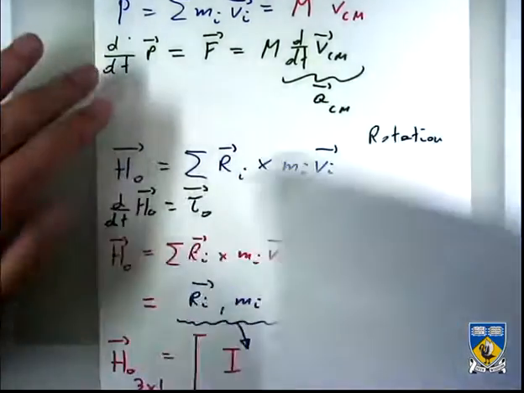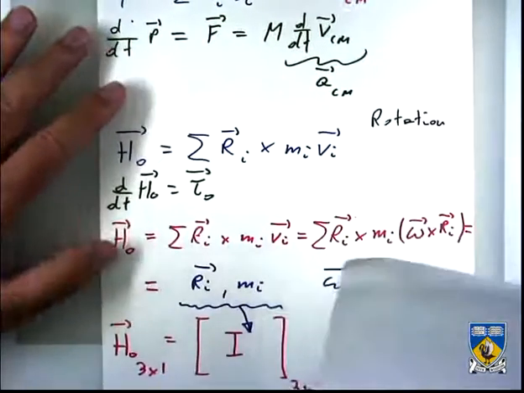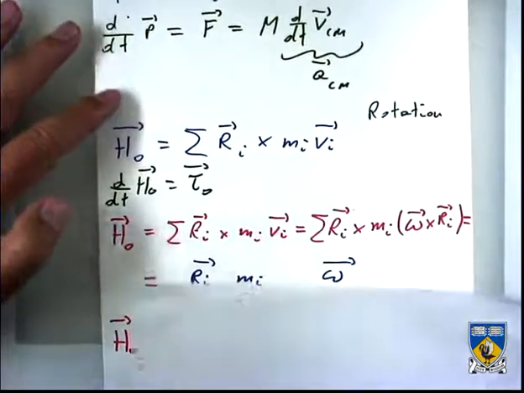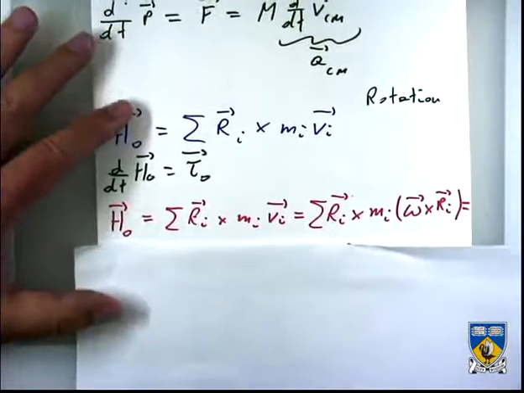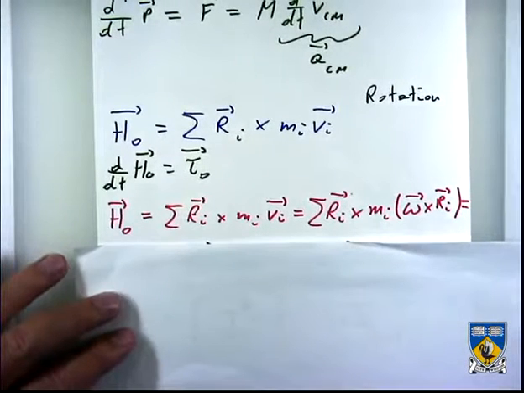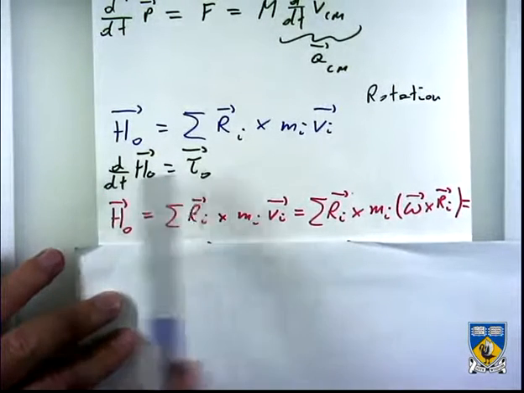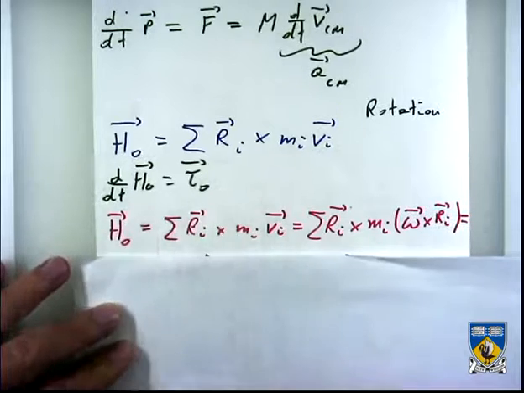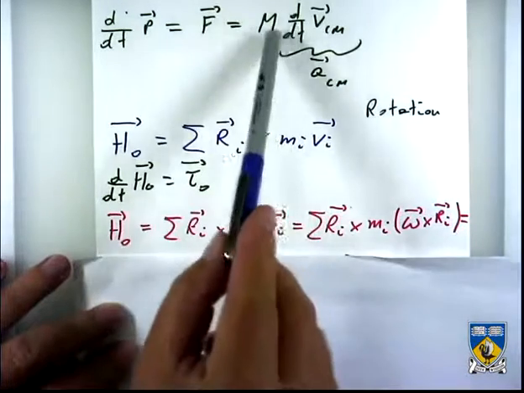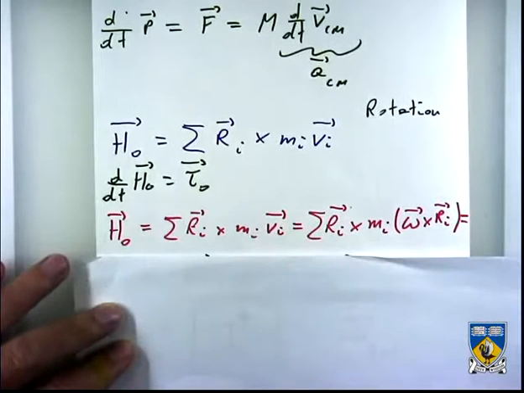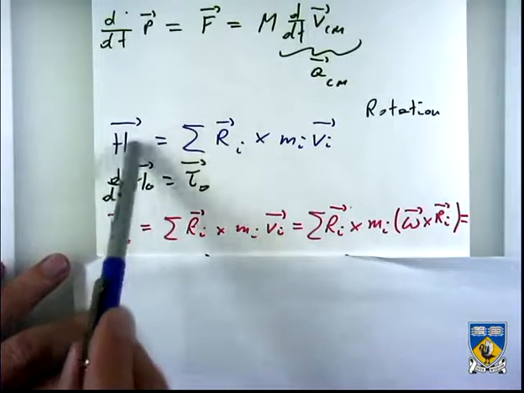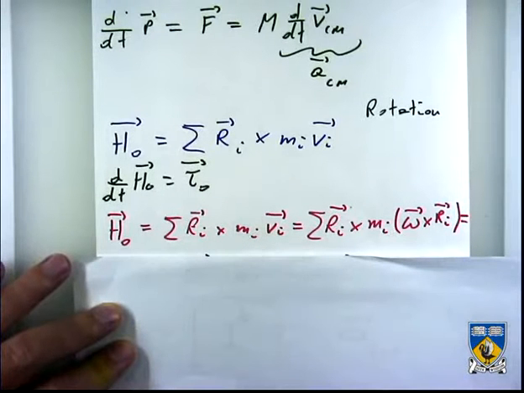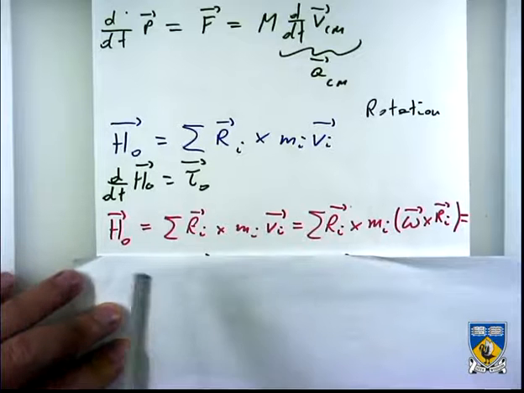Let us now have a look at how this angular momentum actually looks. We had a dynamic law for translation here, and here is the dynamic law for rotation: the derivative of the angular momentum equals the sum of external torques or moments.